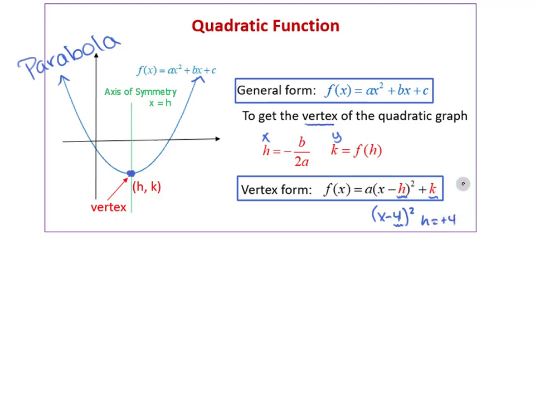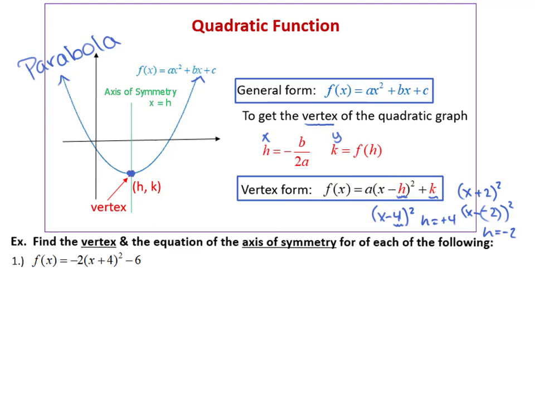If you were to have something like x plus 2 squared, here h is actually negative 2. You could even think of this as being x minus negative 2. So that's our minus h. So here h would be negative 2. Okay, so a mental shortcut that might help is that h is the opposite of the sign of what it appears to be, and then k is the same. We don't have to do anything special for k to identify our vertex.